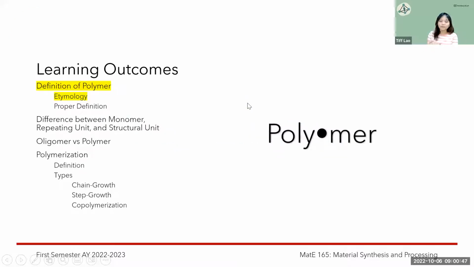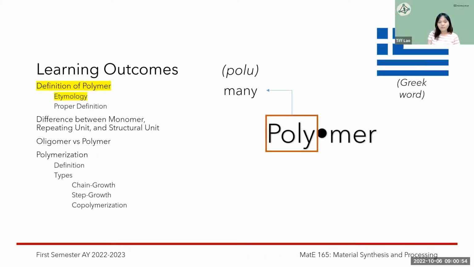So when we say polymer, it's actually based on two Greek words. Poly means polu, that means many, and meros means part. If you combine those two Greek words, polymer means many parts.